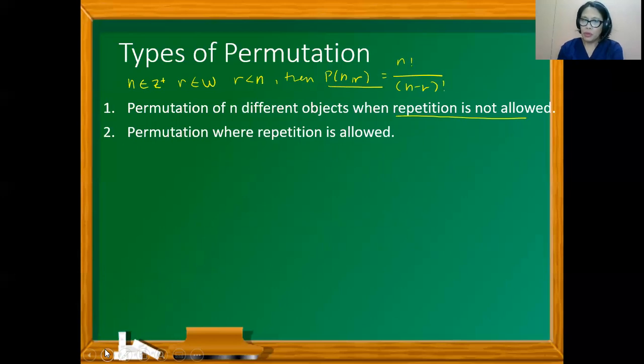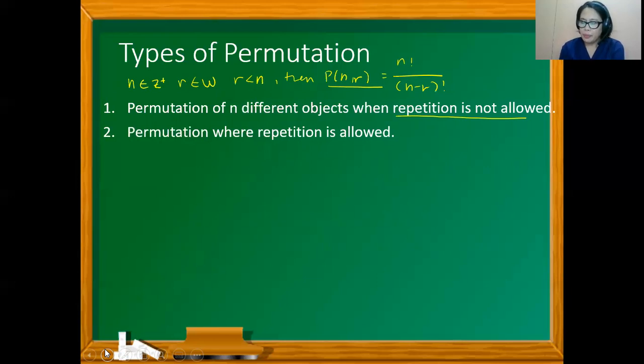Now, for permutation where repetition is allowed, we can easily calculate the permutation with repetition. The permutation of objects can be written in exponent form when the number of objects is n and r is the selection of objects. Choosing an object can be done in n different ways.